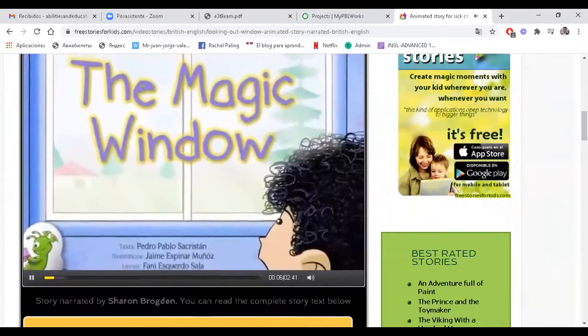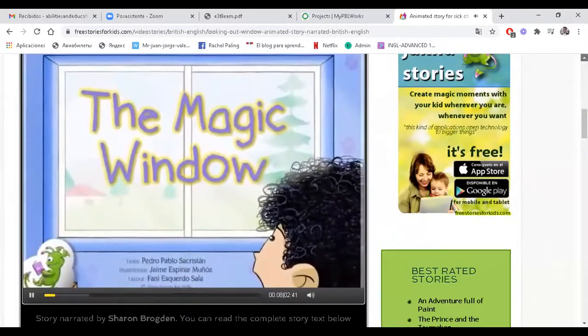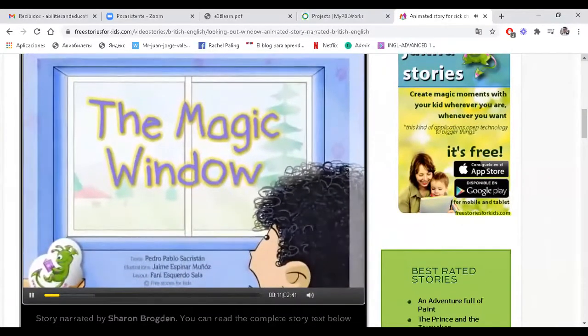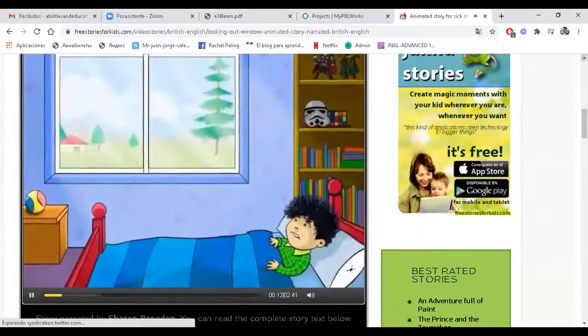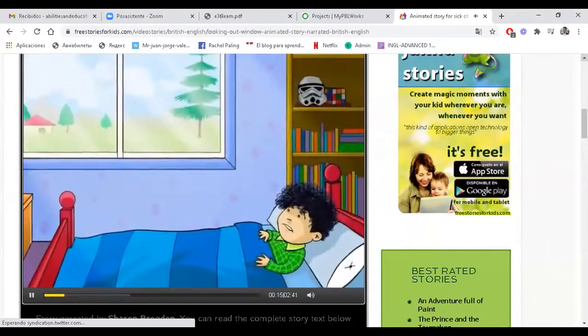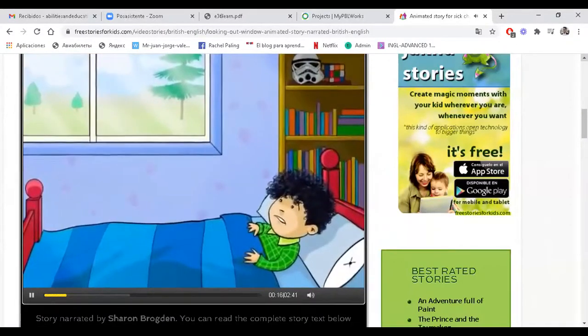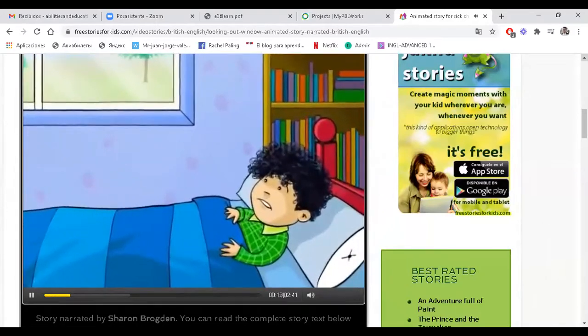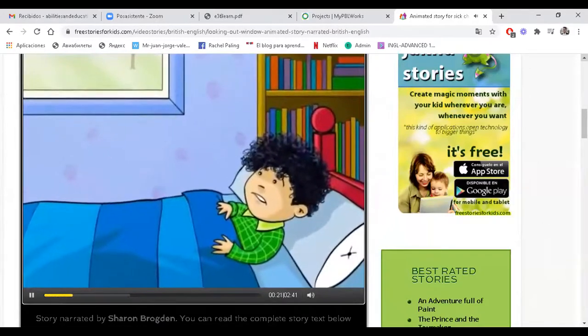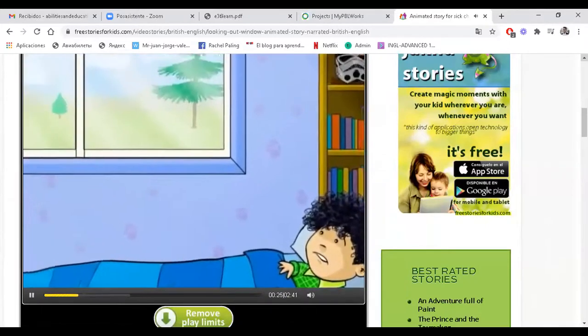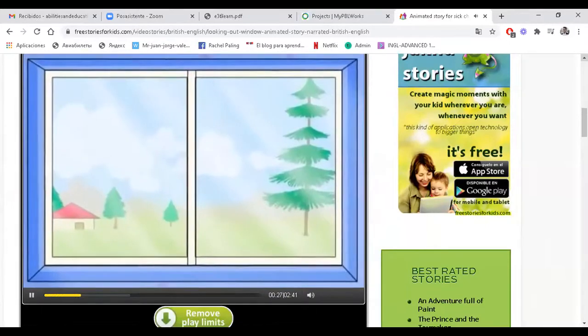Once upon a time, there was a little boy who became very ill. He had to spend all day in bed, unable to move. Because other children weren't allowed to come near him, he suffered greatly and spent his days feeling sad and blue. There wasn't much he could do except look out of the window.